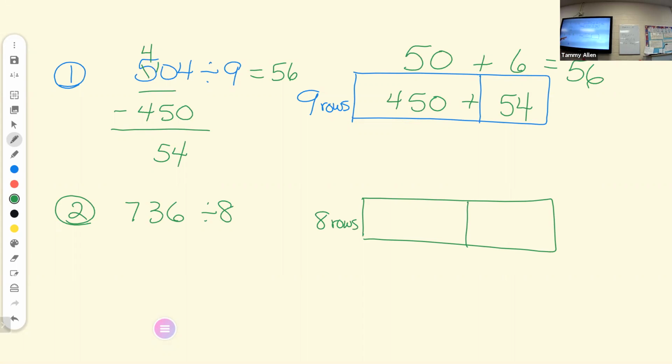Neither of these numbers that we see here are multiples of 8, right? So what's our largest multiple of 8 that would work for 73? 72, so we want to subtract out 720.